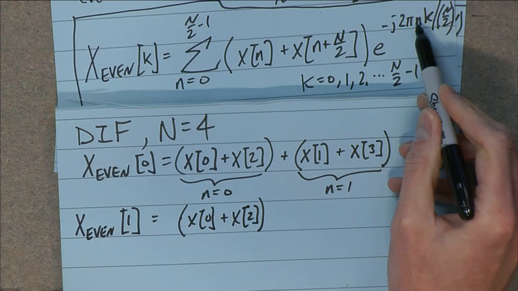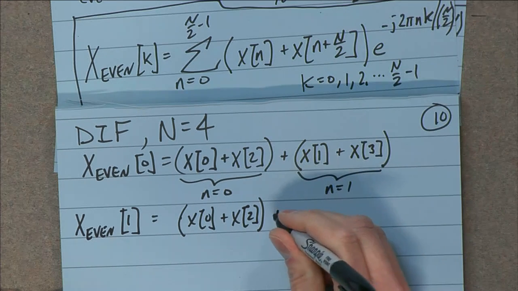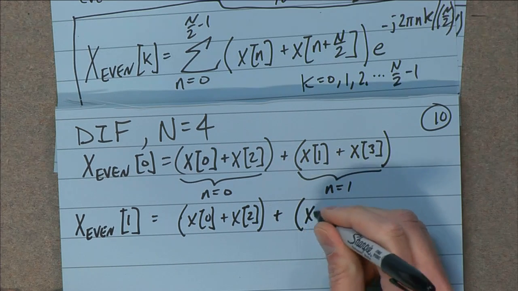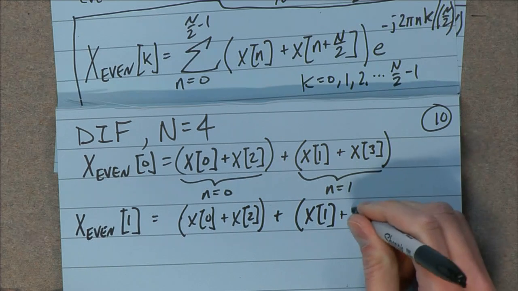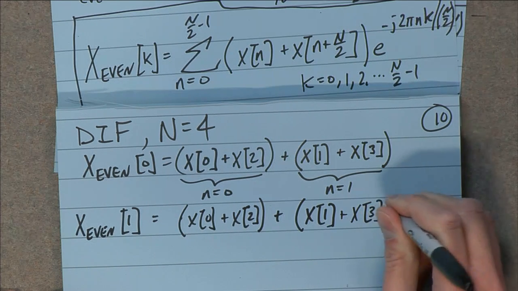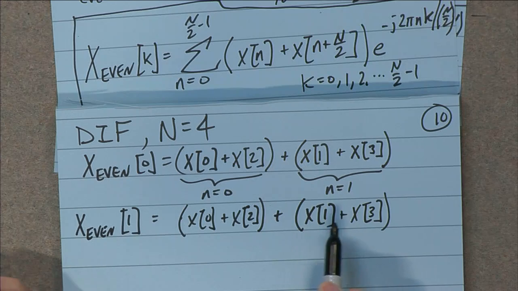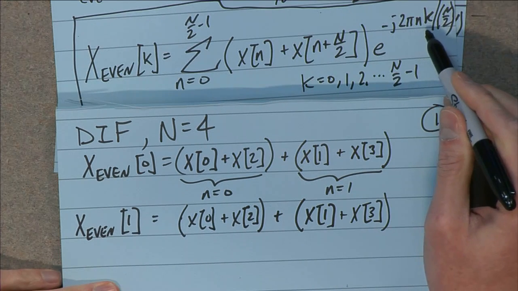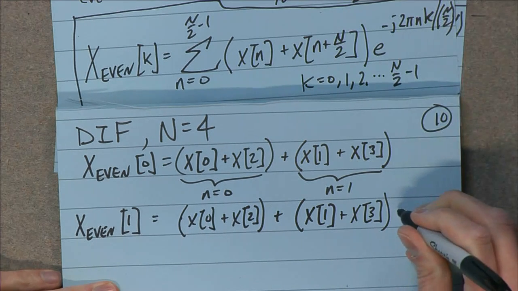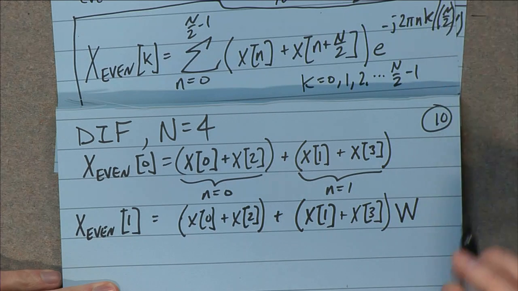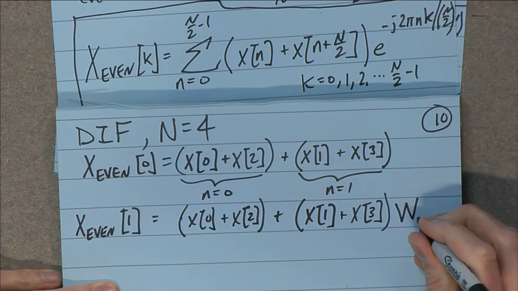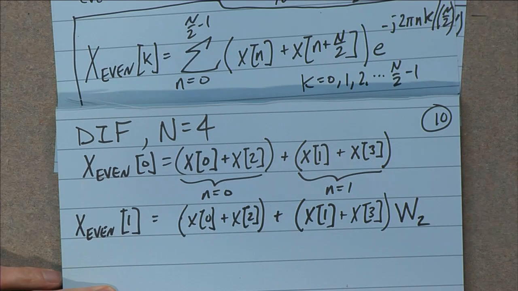So if n goes to 0, that's gone. So we have x of 1 plus x of 3 again. n is 1, k is 1. Oh, now we have something left over. So we've got this whole e to the minus j 2 pi 1 times 1 over N over 2. N is 4, so 4 divided by 2 is 2. There's our complex weight.